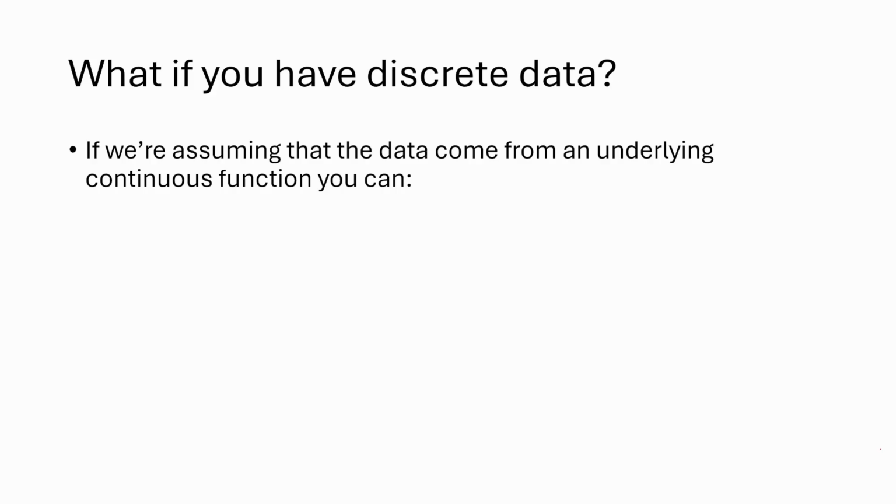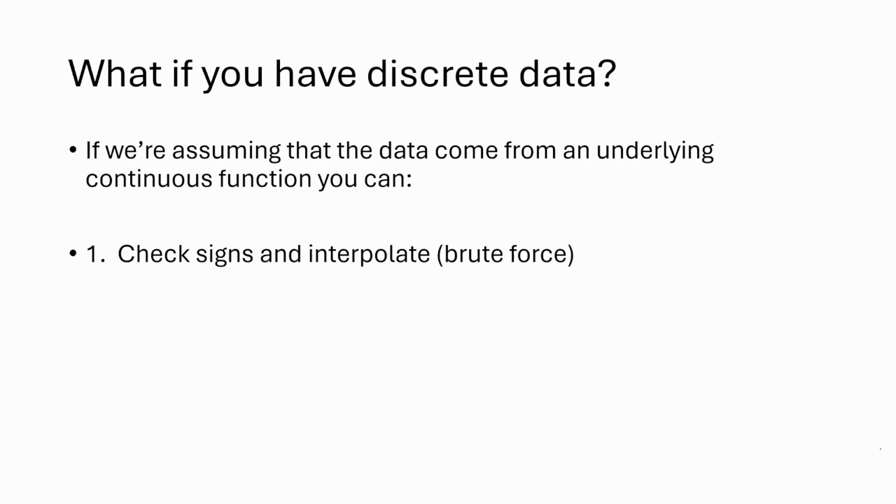And in that case, there are a few different options that you have for how to solve the equation represented by those data. So one method, which I'll show the example of next, is just straight up brute force. You can go through every single data point and be like, is my y coordinate positive or negative? If it's positive, and then the next one is negative, oh, it must have gone through 0 in between.